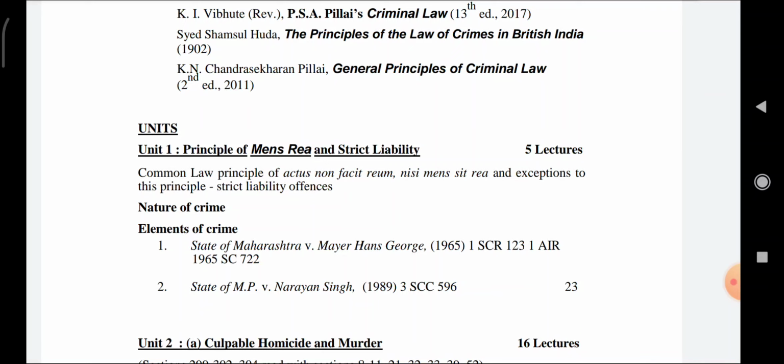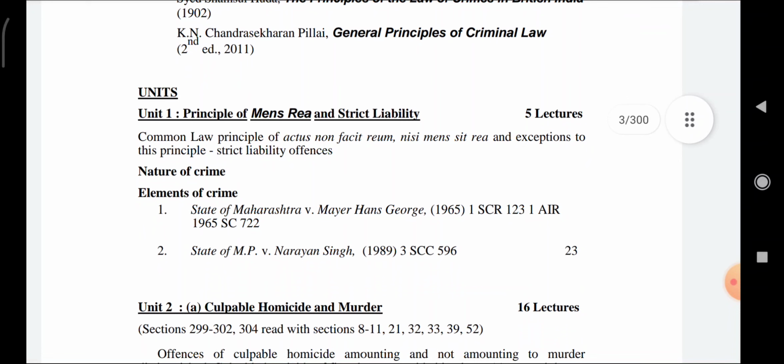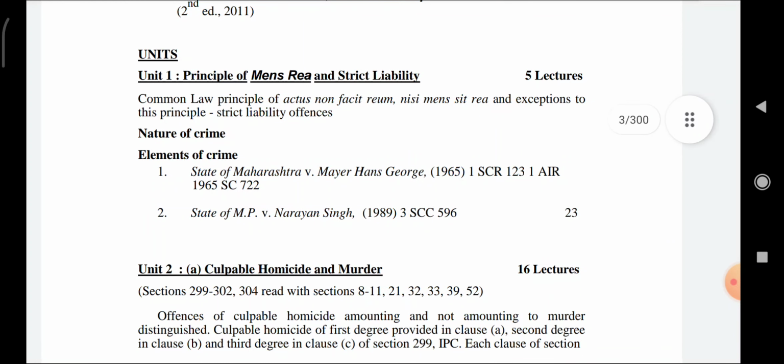Nature of crime, element of crime. Another leading case is State of Madhya Pradesh versus Narayan Singh, 1989, 3 SCC 596. You can see this case on page 23 of the case material.